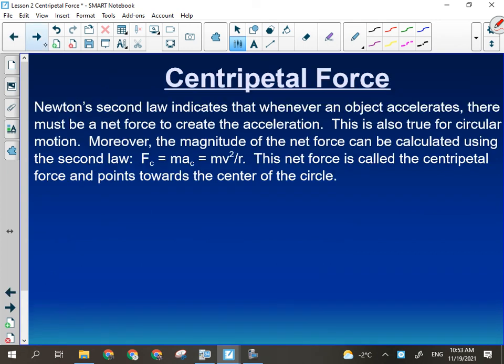All right, so this is what I was saying just a minute ago. Newton's second law says whenever an object accelerates, there has to be a net force that is creating that acceleration, okay? And that's also true for circular motion. We just write Newton's second law differently in this unit, right? Newton's second law says that net force equals mass times acceleration. Well, in this unit, the net force is the centripetal force, and that is mass times centripetal acceleration.